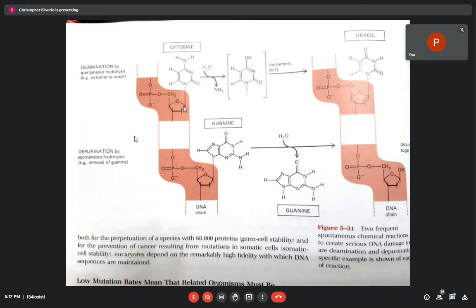Because the sugar that is being carried does not contain oxygen in the second carbon atom, which is a characteristic of DNA.